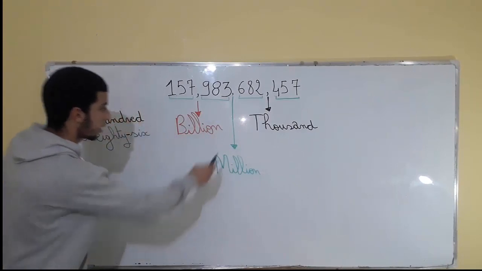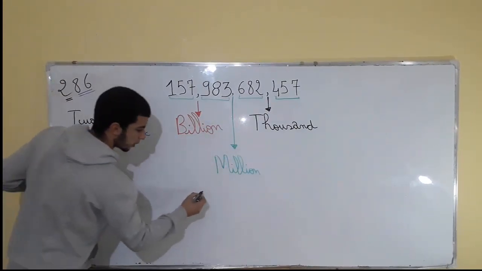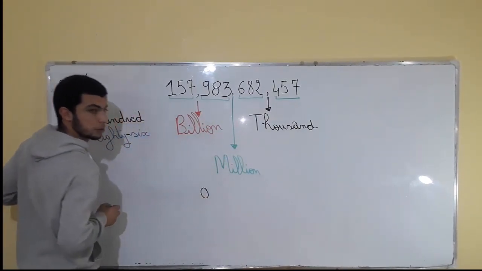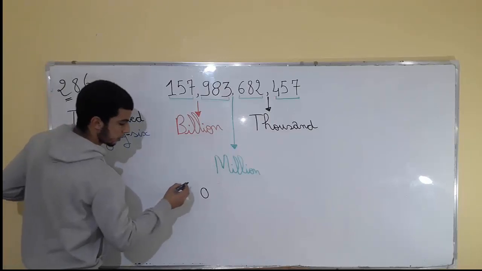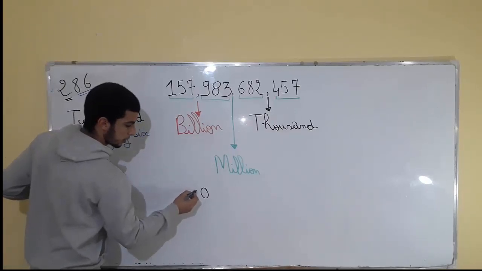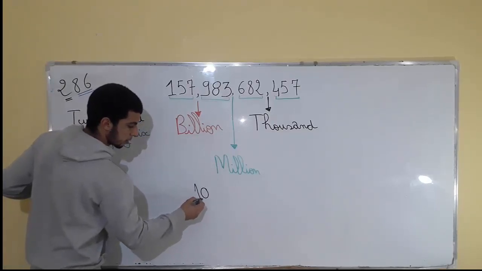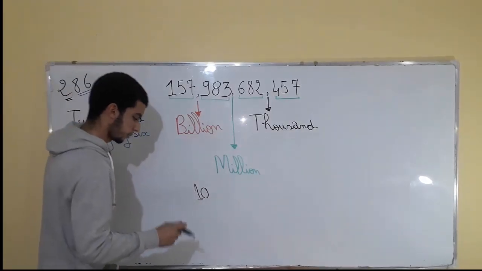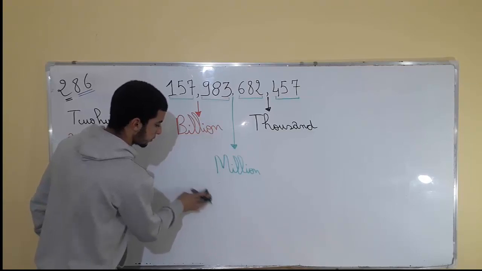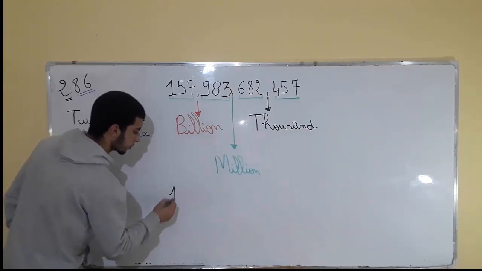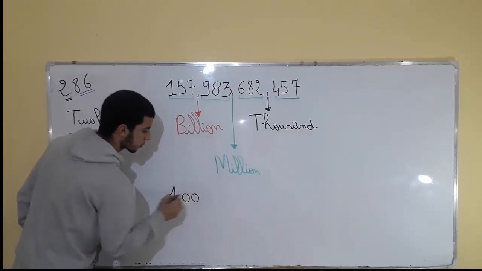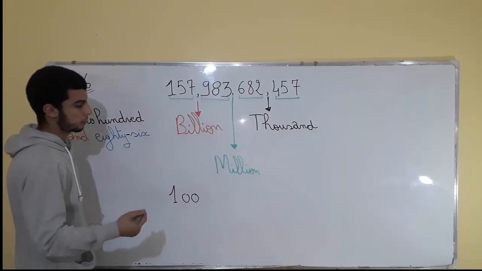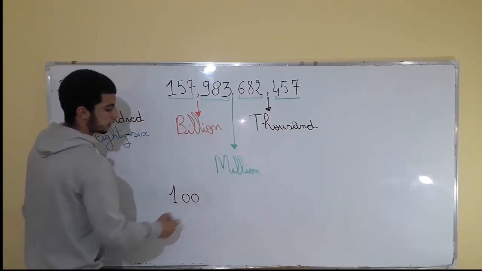Good. And now we move on to these numbers. So here we have 0. This is 10. Great. What about this number? That's great. It's 100.